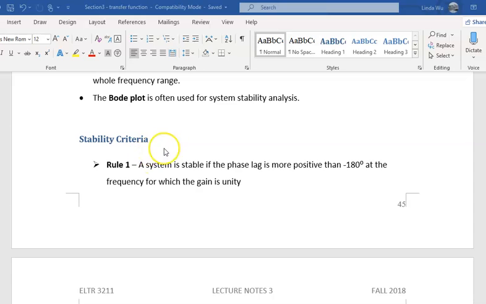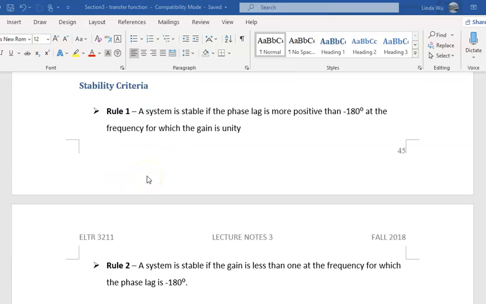For the stability criteria, there are two rules. Rule 1: a system is stable if the phase lag is more positive than negative 180 degrees at the frequency for which the gain is unity. Unity gain is basically 1. So when the gain is 1, we want the phase lag to be more positive than negative 180 degrees.